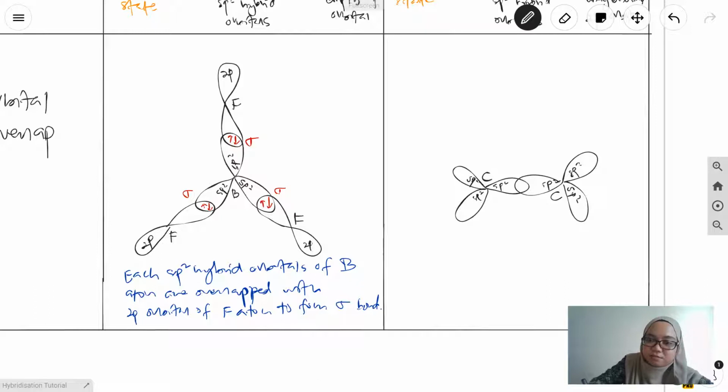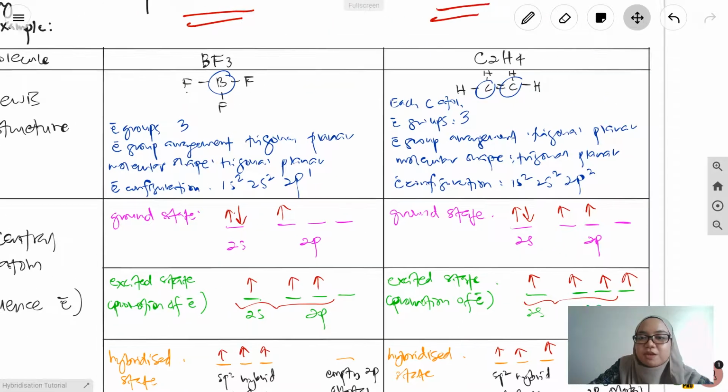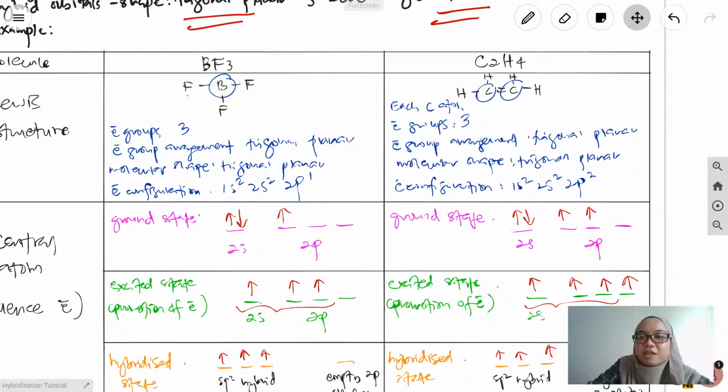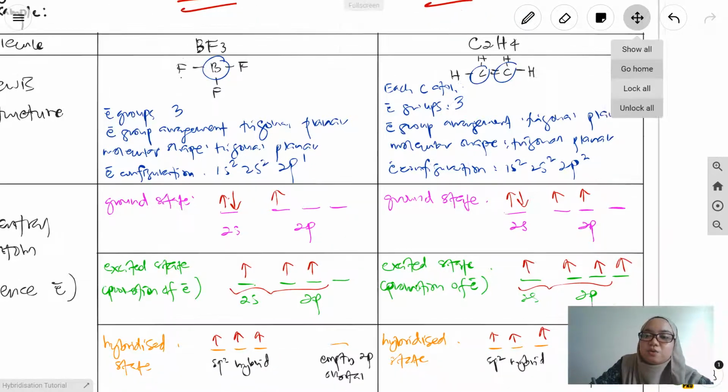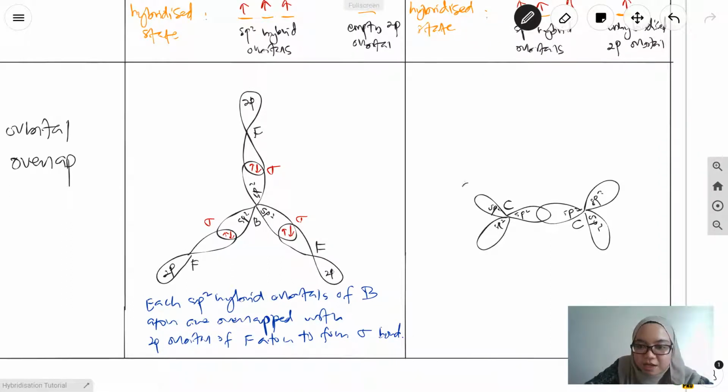Then when we look at the Lewis structure, each carbon will form two sigma bonds with hydrogen. So we need to draw the hydrogen part. Here, 1s hydrogen, and then here 1s hydrogen, here as well, 1s hydrogen, 1s hydrogen.